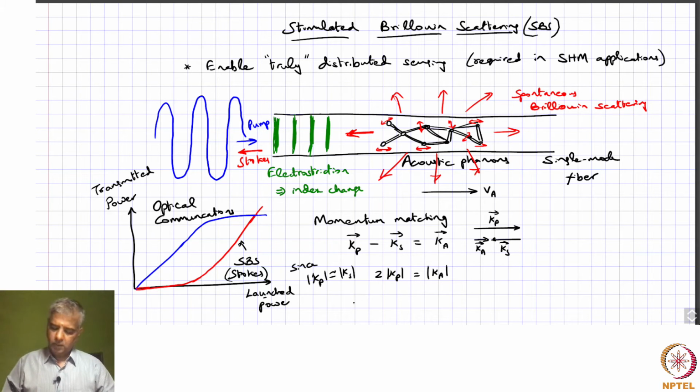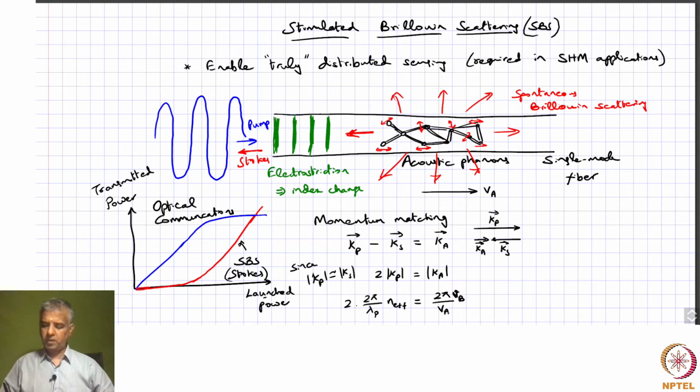Okay. And 2 times Kp, the wave number, is given by 2 pi over lambda p times N effective, the effective refractive index of the fiber. This is going to be given by 2 pi over lambda a, but lambda a you can write as Va divided by nu b, right.